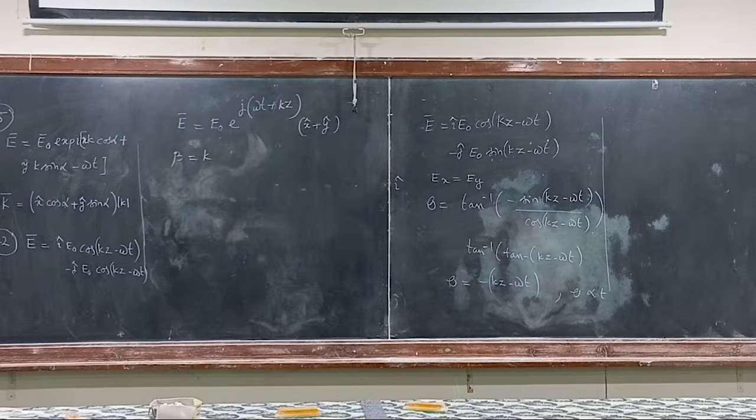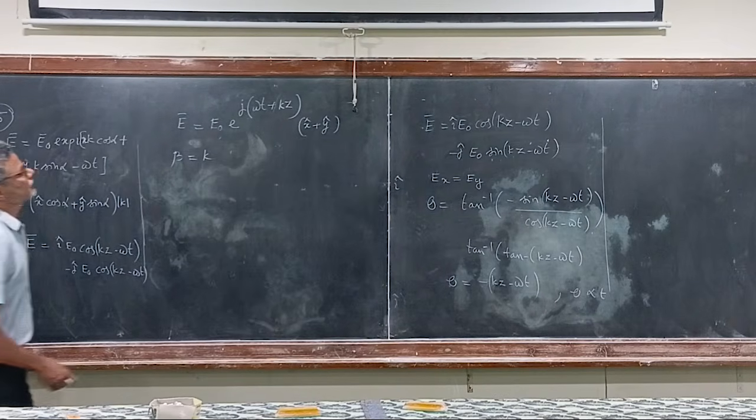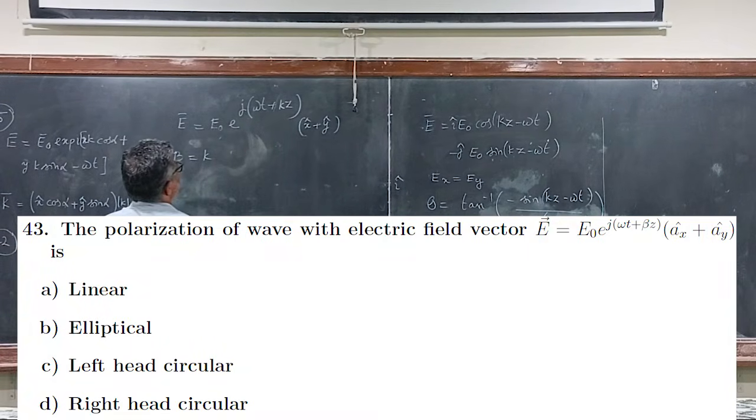So what are the amplitudes? Component wise, like this if you want to write. How do you get this?